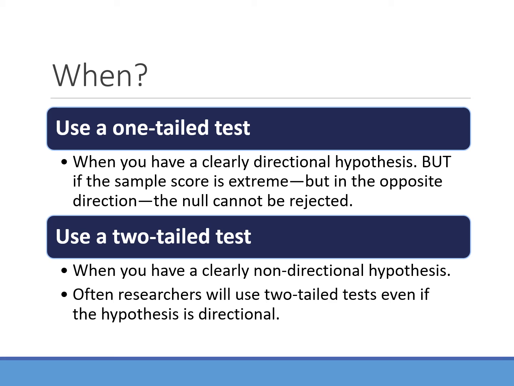And what happens is, in situations like the first one, the one-tailed test, if you have a score that's going the opposite direction, what if there's something going on that you just can't anticipate? Often researchers will use two-tailed tests even if the hypothesis is directional. Why would they do that? Because it is more conservative.